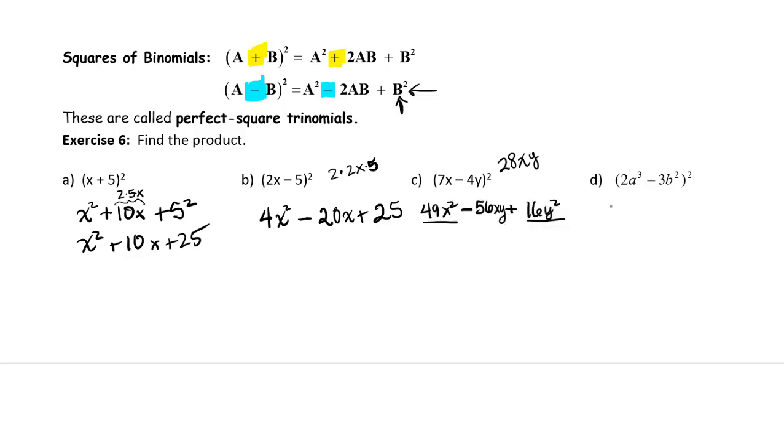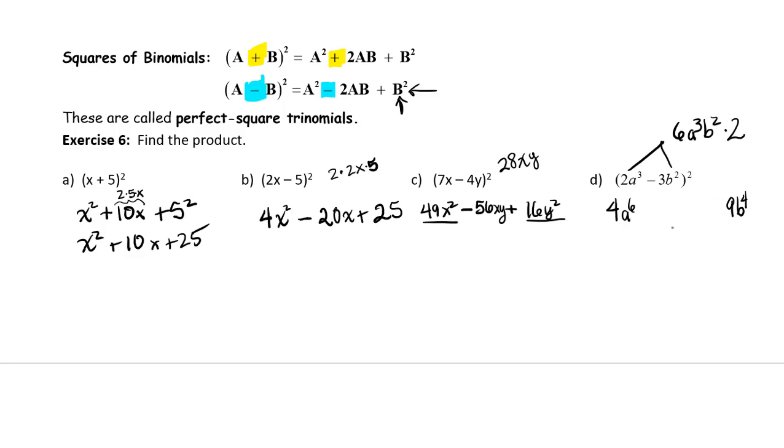Square the first term, that will give me a 4a to the 6th. Square the last term, that will give me a 9b to the 4th. And then we need to take the product of the two terms. So that will be 2a cubed times 3b squared. That will give me a 6a cubed b squared, and then we'll multiply that by 2.